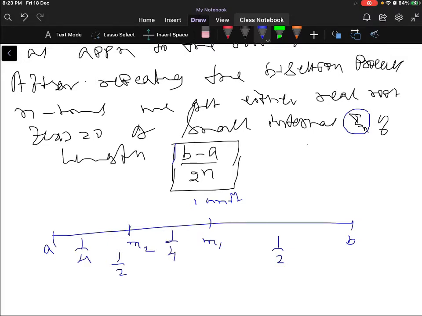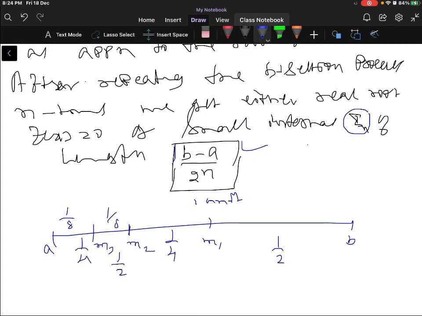So this length is 1 by 4, 1 by 4. If the root lies in the interval a comma m2, divide the interval a comma m2 at m3. So this length is 1 by 8, this length is 1 by 8. It keeps on going.